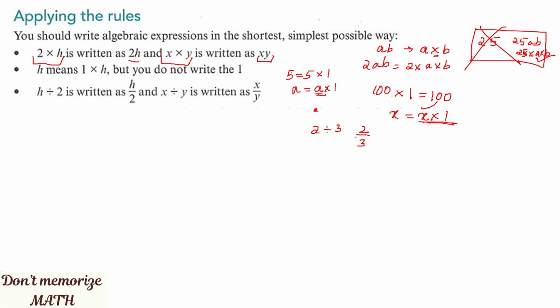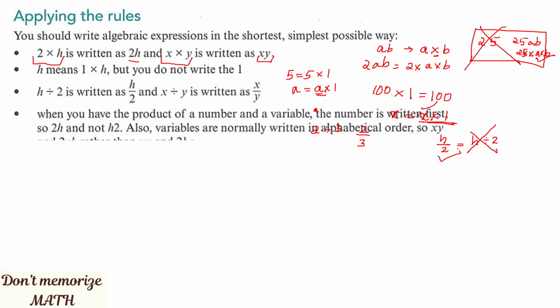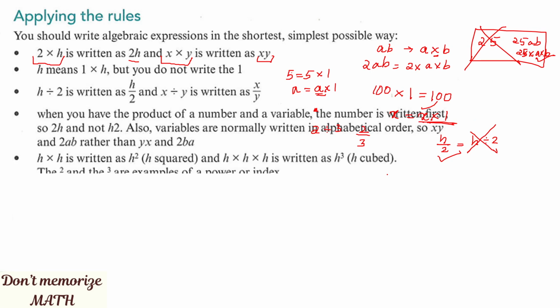The same thing we apply here for algebra. We won't normally use the division sign in algebra. If it is complex, we will use it. Otherwise, we will directly write x over 2. That is enough.